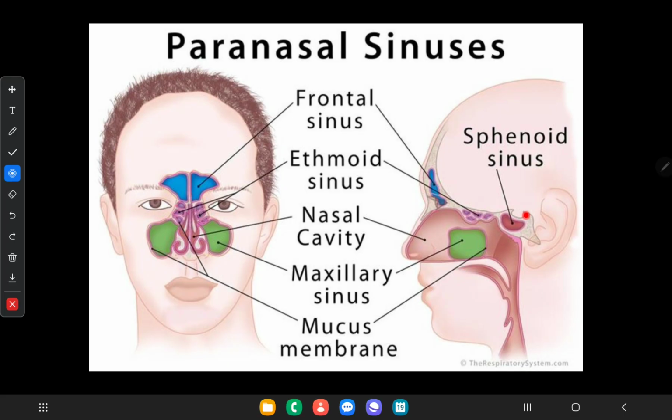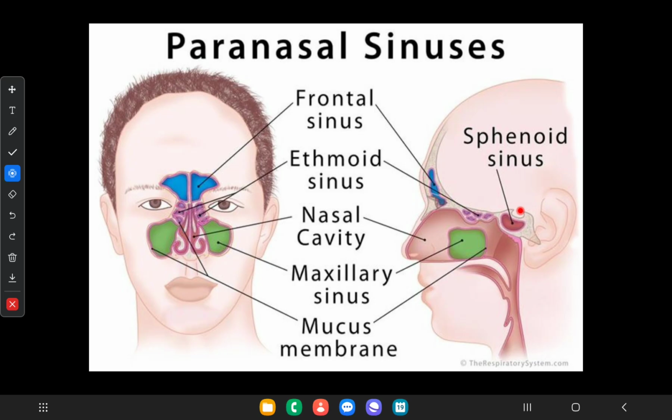The anterior part of the roof is related to the optic chiasma, while the posterior part of the roof is related to the pituitary gland. This is the hypophyseal fossa, and the pituitary gland is situated in the hypophyseal fossa. Each lateral wall is related to the cavernous sinus, internal carotid artery, oculomotor, trochlear, abducent, and three divisions of the trigeminal nerve.